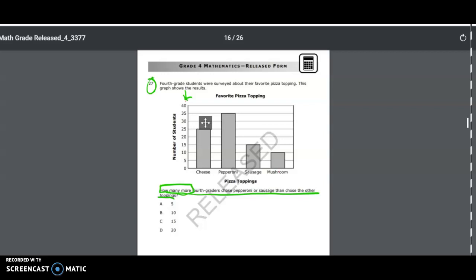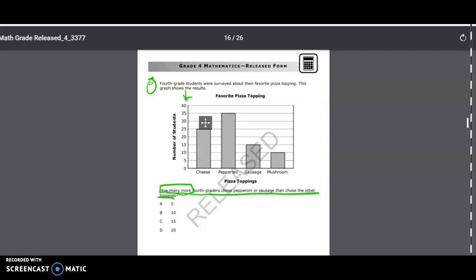Our key term is how many more. When we hear how many more, that means you're finding the difference between something. In this case, you're going to find the difference between pepperoni and sausage together and the other ones.